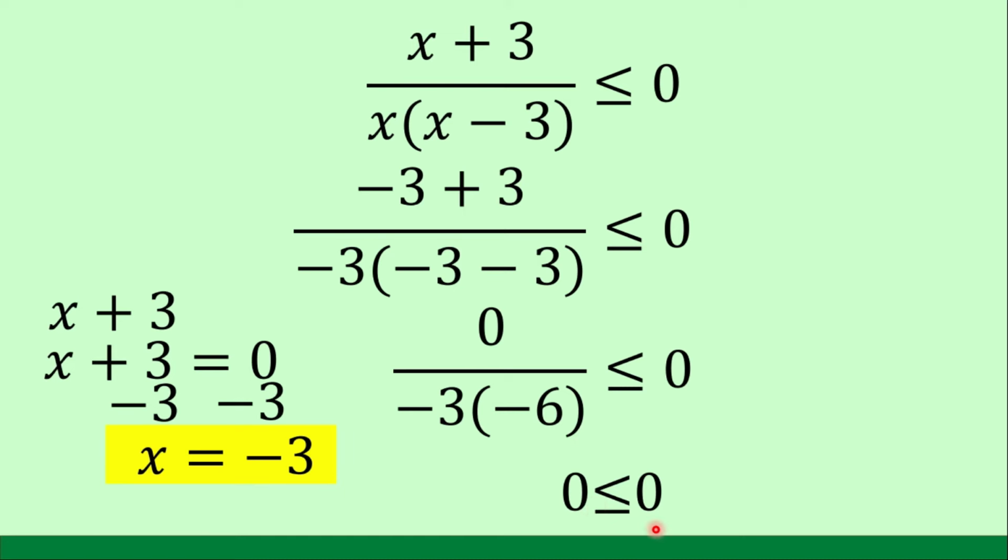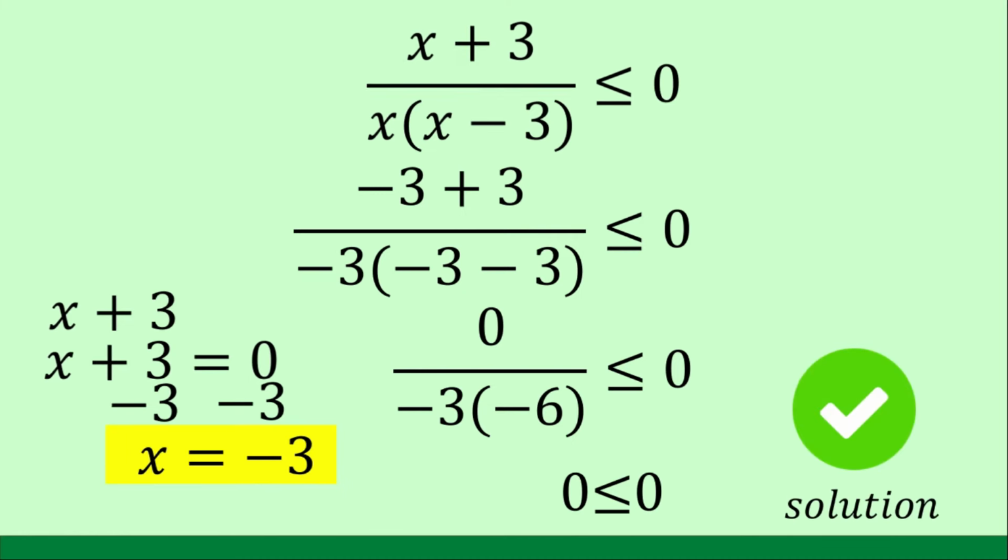Is this true or false? 0 less than or equal to 0? Because of the or equal to sign, that makes this one a true statement. When I say a true statement, it's true that 0 is less than or equal to 0. So since it's true, that means x is equal to negative 3 is a solution.